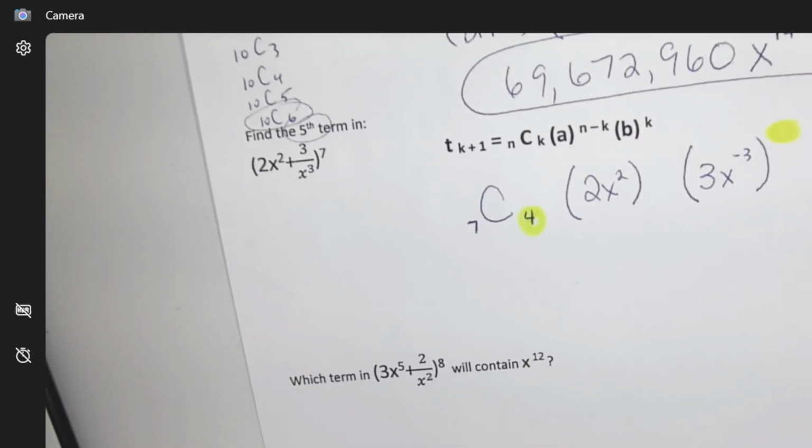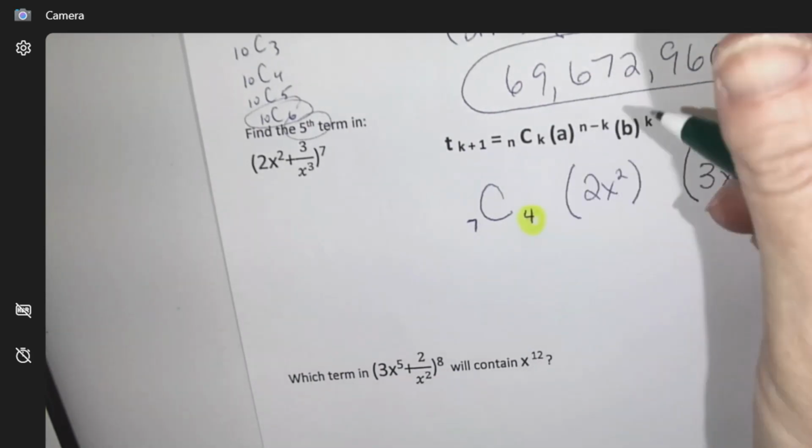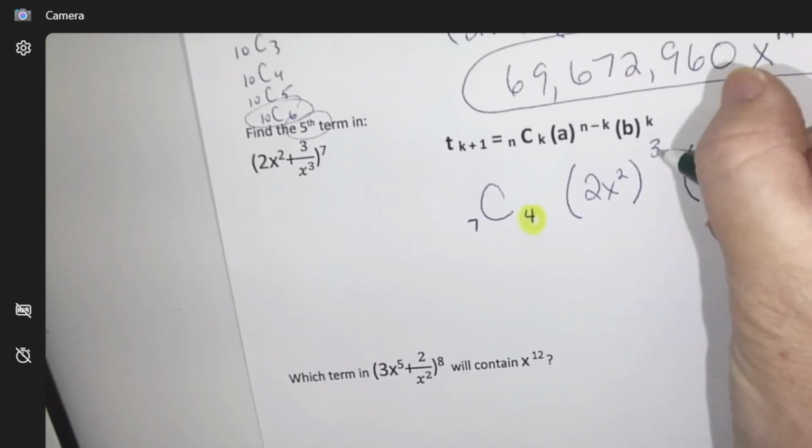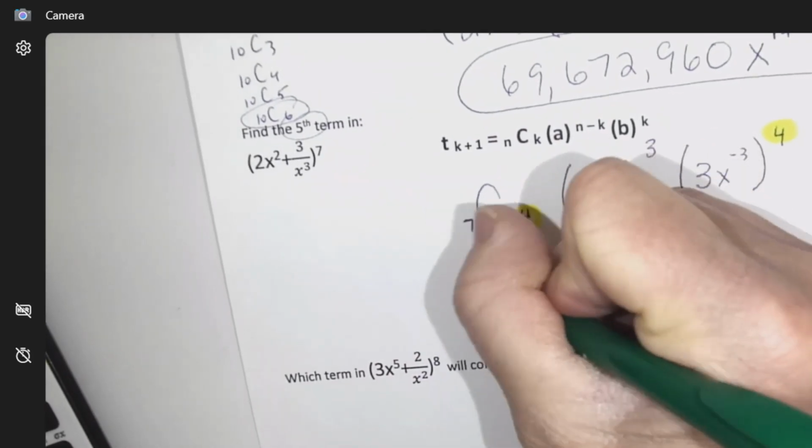Okay, that has to match, right? So this is my choose number. And then that exponent is a subtraction. So total 7 up top. Okay, so that's the hard part. And finish it off on your own.